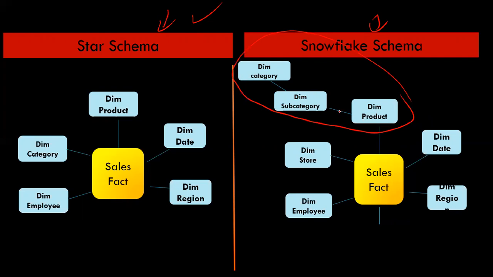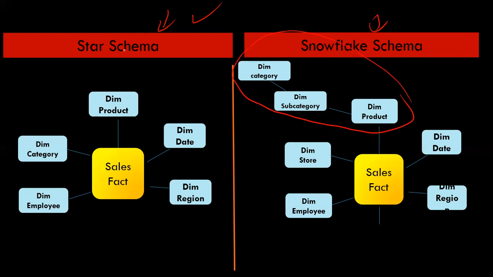But here, even in dimensional modeling, as part of the snowflake schema, we did some kind of normalization. We split a single table into three different tables. So obviously, you need to join these three tables. Supposing I wanted to know all the products that belong to the corresponding category and subcategory, I have to join these three tables.